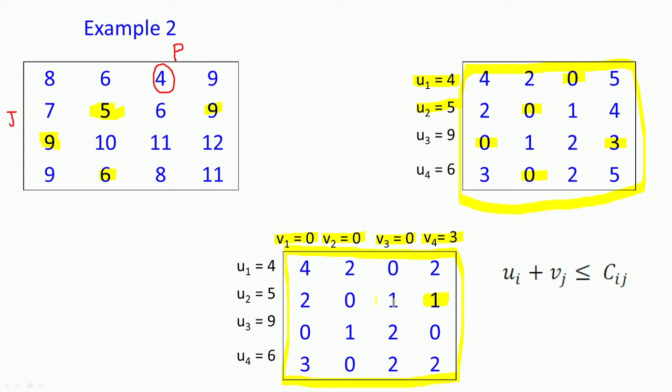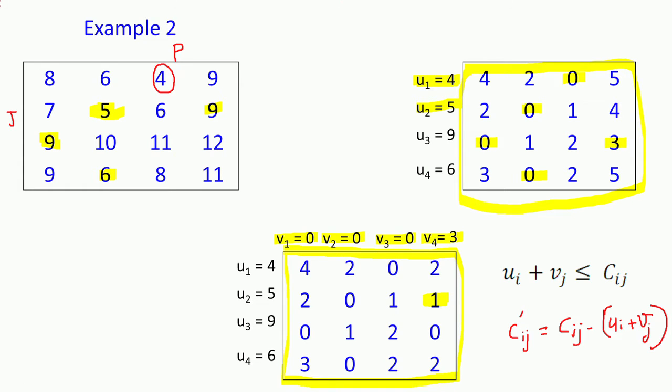So, this value is C dash ij, which is equal to the original Cij minus (ui plus vj).